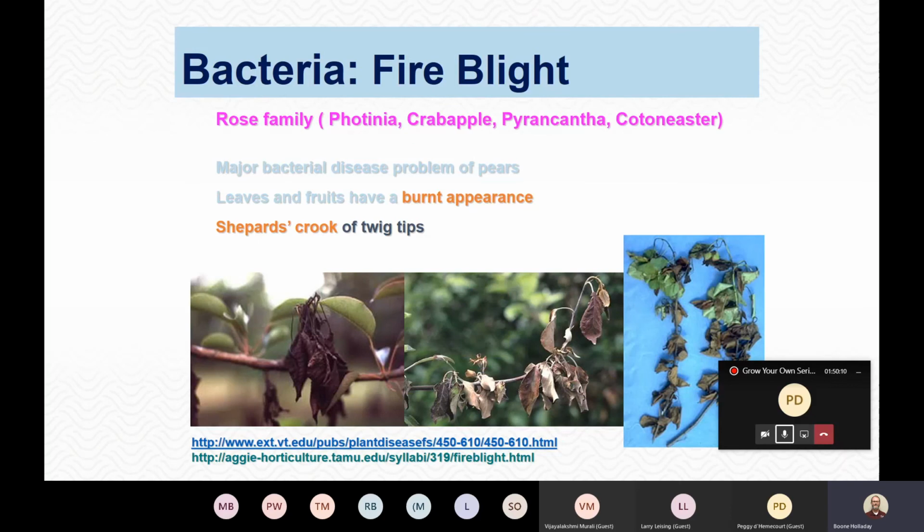And just to give you another example for a bacteria, this one here, fire blight: rose family members are all susceptible to this, and this is spread by pollinators actually to the new tips, the flowering tips of plants, and you start to see the end of those twigs just wilt down.